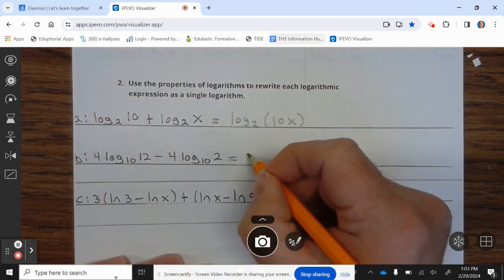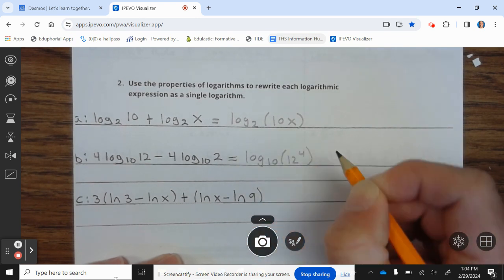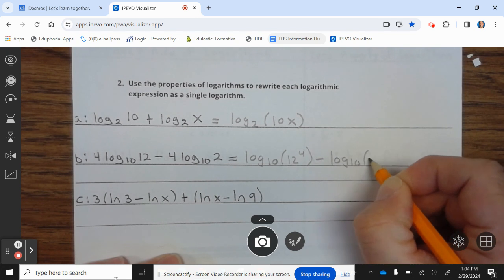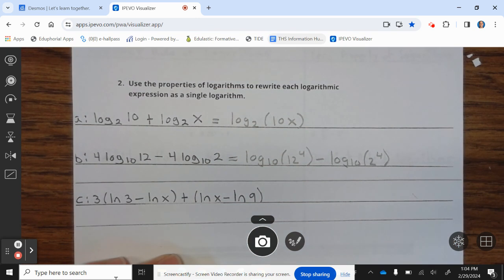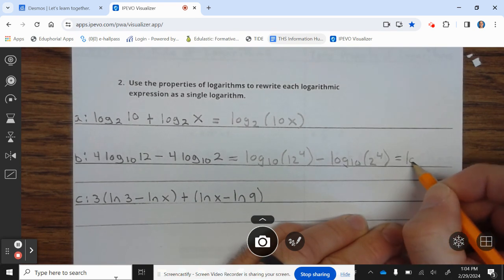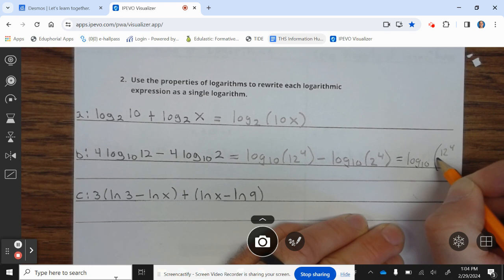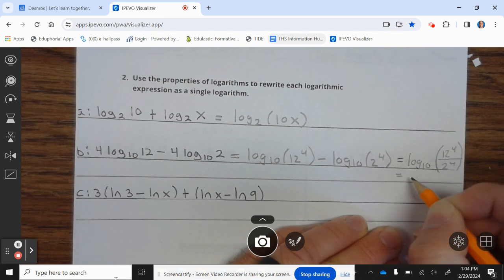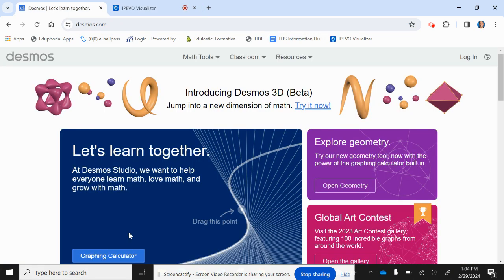B. This becomes log base 10 of 12 to the 4th minus log base 10 of 2 to the 4th, which equals log base 10 of 12 to the 4th divided by 2 to the 4th, which equals log base 10 of, let's go and use Desmos to get that number.